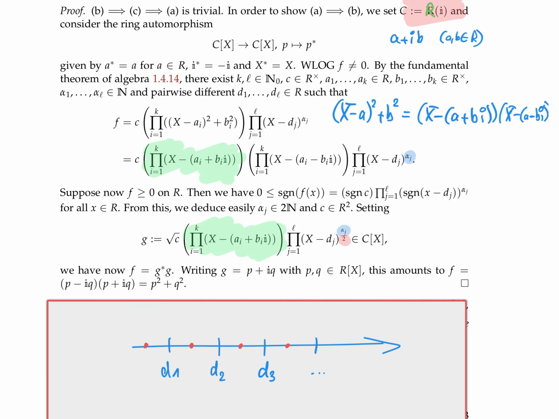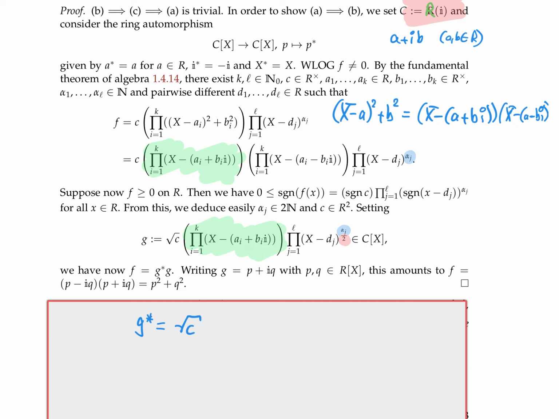Okay. So now we have f is g star g. So let's see why this is true. Why is f g star g? Okay, g star, what is g star? The square root of c is an element from R, so the star does nothing to the square root of c.